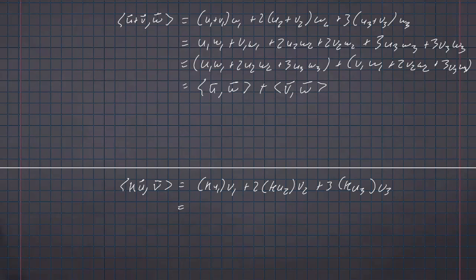And then using the distributive property of real numbers, we can factor out the k. And realize that this is k times the inner product of u and v.